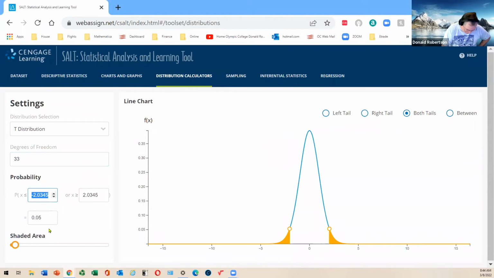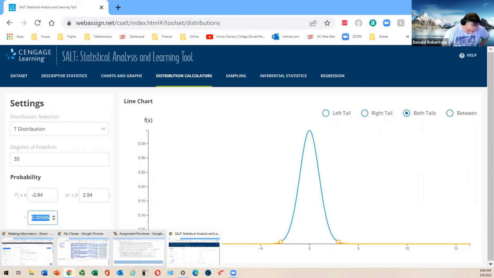I want it to be less than negative 2.94. And on the other side, I want it to be bigger than 2.94. So you use the same numbers, one plus and minus, one bigger, one less, going like that. And we have got a p-value here. So the answer is 0.00595.